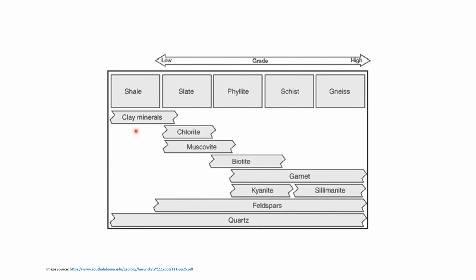As we ease into the very lowest grades of metamorphism, we start to see those clay minerals reorganize. You don't have so much smectites anymore. You turn them into chlorites and maybe into muscovites.